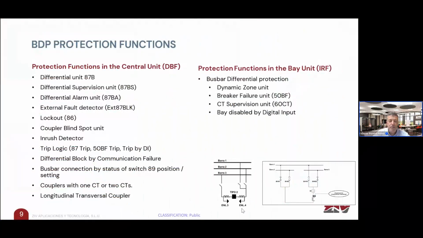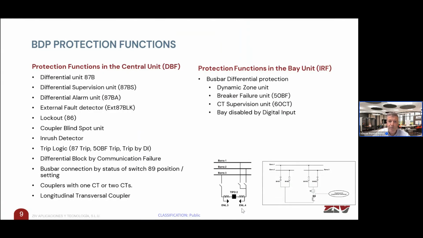Well, regarding the protection functions, as I mentioned to you at the beginning, most of them are located in the central unit, in the DBF, but some others are located in the bay unit, in the IRF. The list is there for your future check, right?